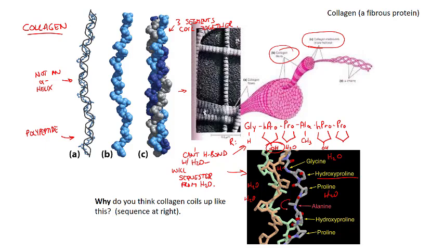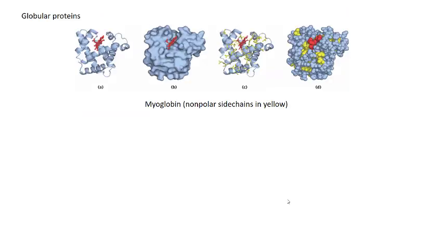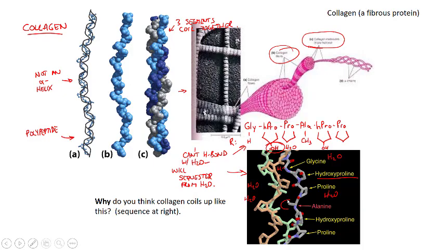Alanine, once again, faces the interior, away from the water. Hydroxyproline again, OH is pointing out. Proline again, right? So what do we see here? We see that nonpolar side chains face inward, and hydrogen bonding side chains face outward.